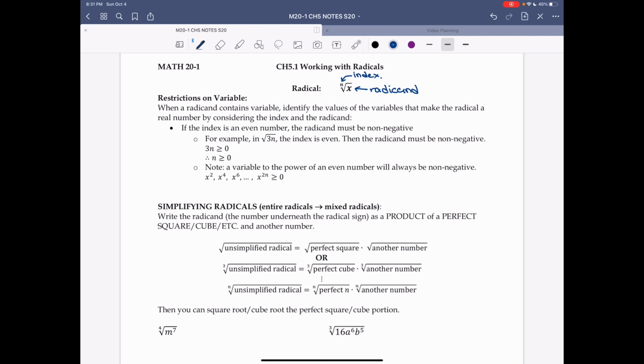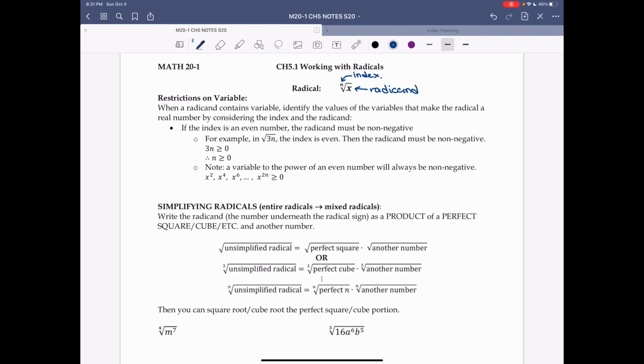Note, a variable to the power of an even number will always be non-negative. So x to the power of 2, x to the power of 4, x to the power of 6, x to the power of any even number is always going to result in something greater than or equal to 0. Why is this?